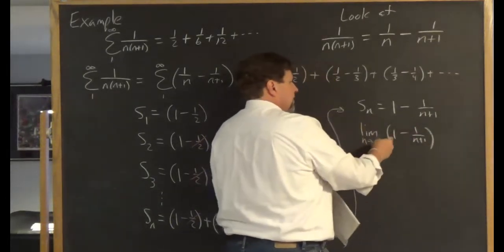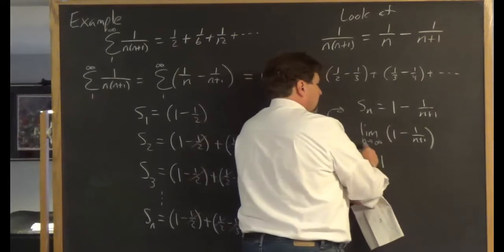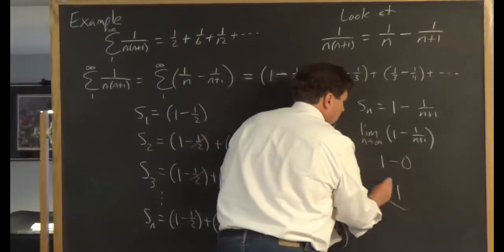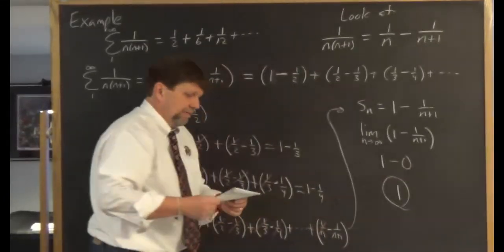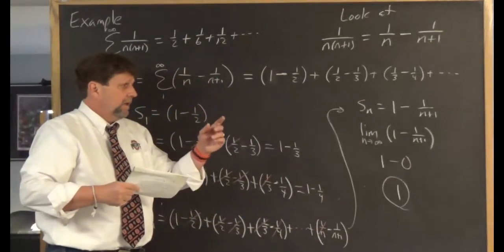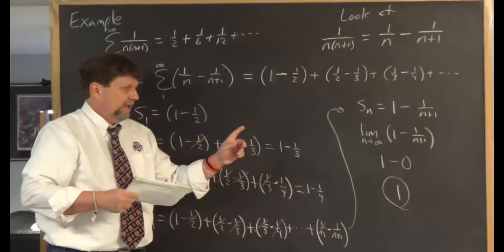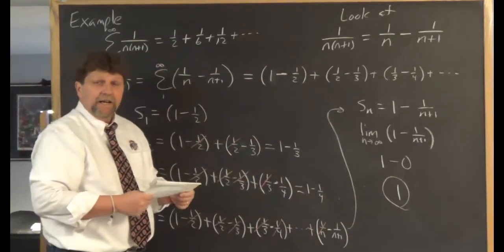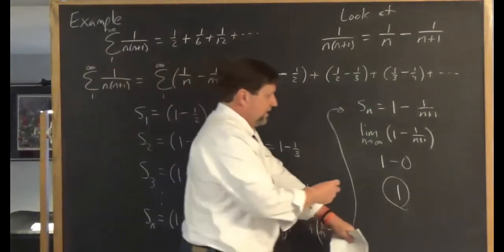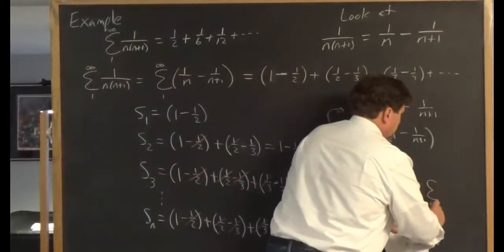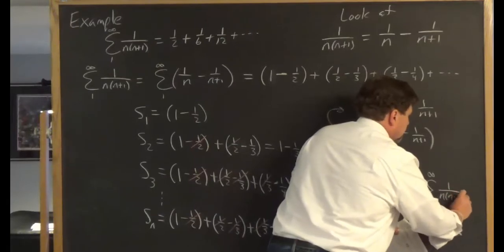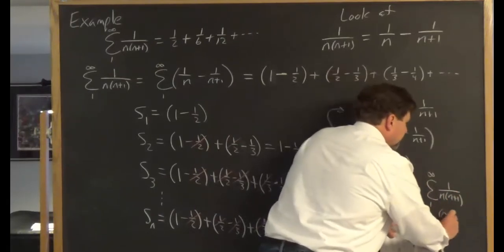And the limit as n goes to infinity of 1 is 1. The limit as n goes to infinity of that term is 0. So the sequence of partial sums converges. It has a value of 1. That tells me that the series 1 over n times n plus 1 converges.